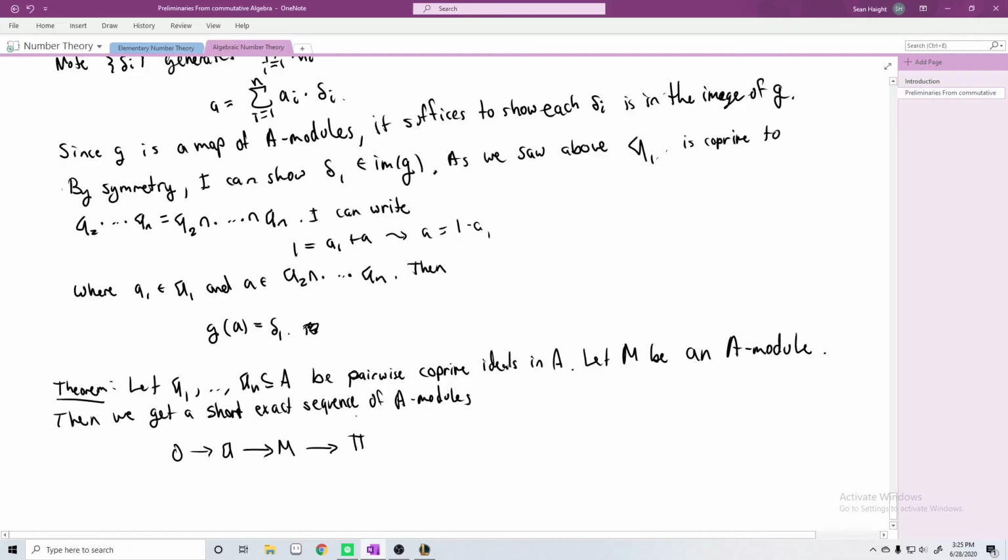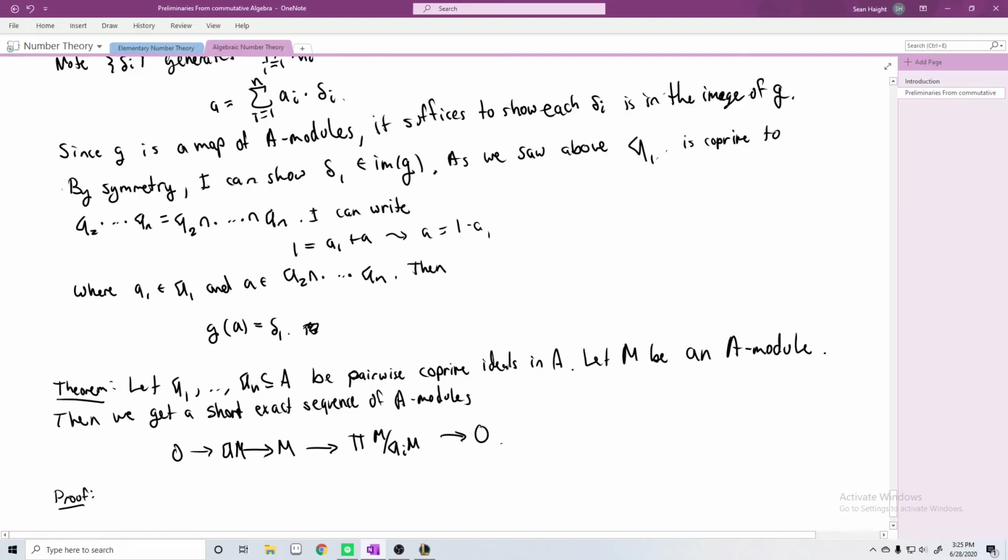Something is not right here. There should be an A sub i M over M mod A sub i M. So essentially, you can replace A with M for a module M. And the proof is to essentially replicate, so maybe this is a good exercise.